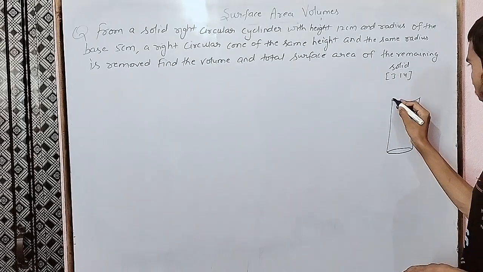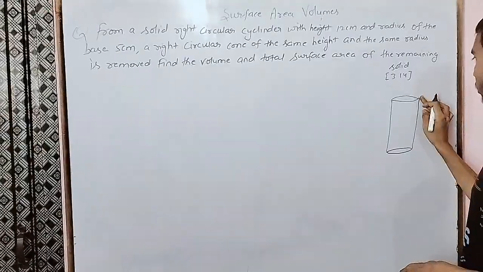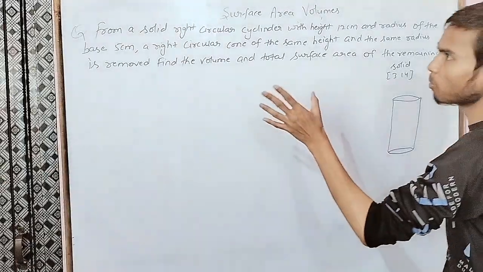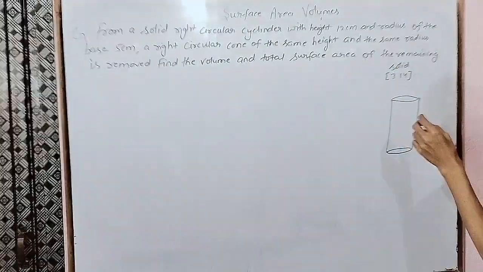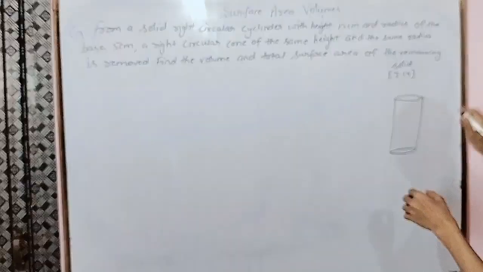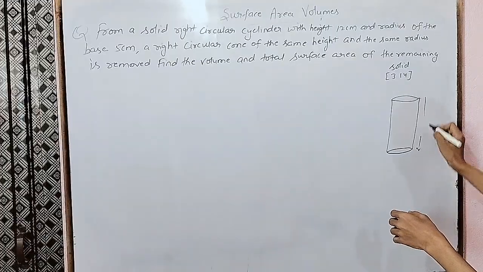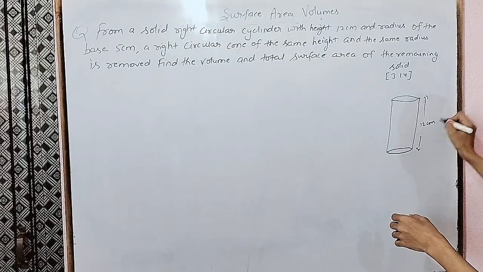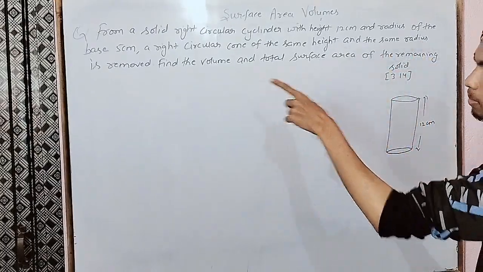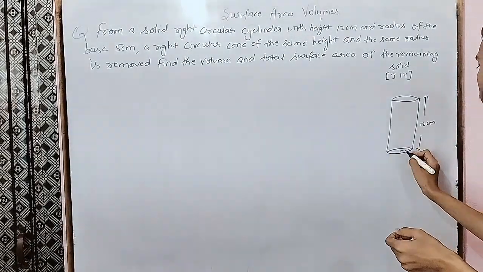This is a right cylinder with height 12 centimeter. Let's assume this height is 12 centimeter, and the radius of the base, from here till here, is 5 centimeter. This is the radius. This is the height.